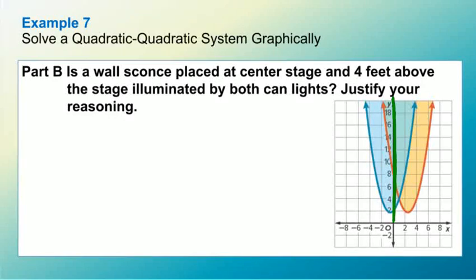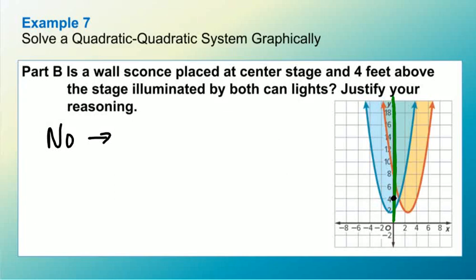Now, if we plot a point at 0, 4, 4 feet up, right here, is that shaded by both parts? The blue one is, but the yellow one is not. So it's not in both, only inside the blue line. So this is not illuminated by both.